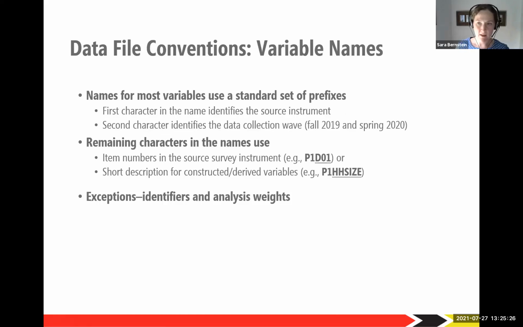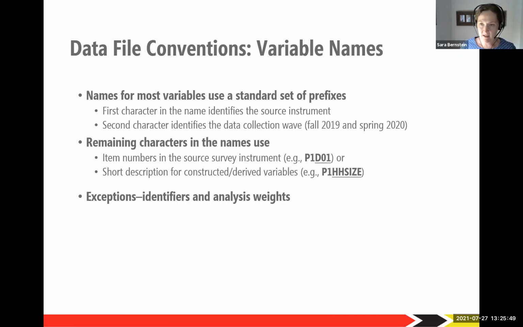All right. So AIAN FACES follows certain conventions when we're naming and labeling variables and assigning our missing variable codes. Most variable names on the file use a standard set of prefixes. The first character represents the source instrument, for example, the child assessment or the parent survey.